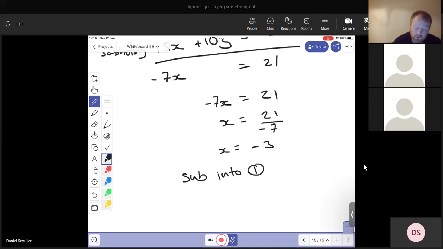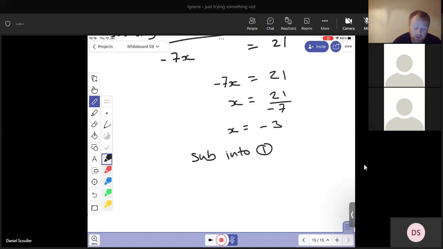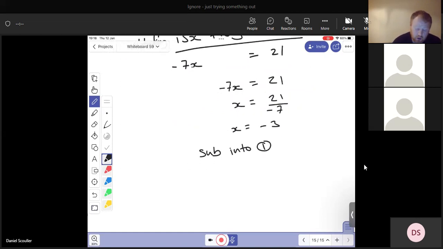Sub into 1, so substitute that into 1. 1 was 4x plus 5y equals negative 7. So 4 multiplied by negative 3 plus 5y equals negative 7.